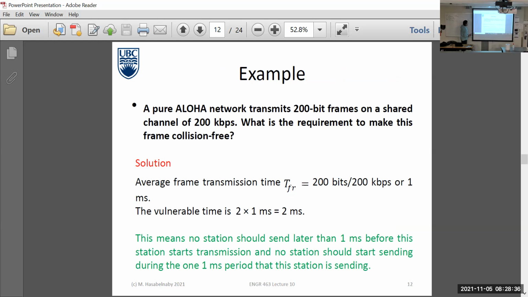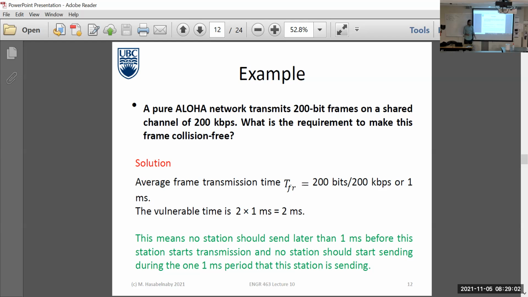Our frame consists of 200 bits and will be transmitted over a link with a data rate of 200 kilobit per second. So the transmission time TF will equal 1 millisecond. Okay, so what is the requirement to make this frame collision free?